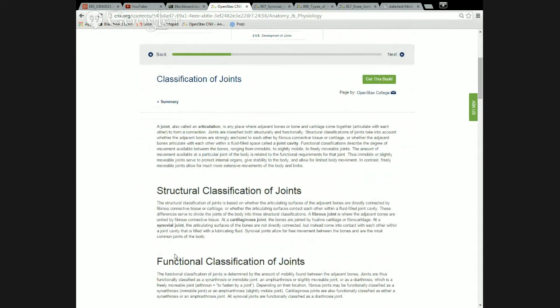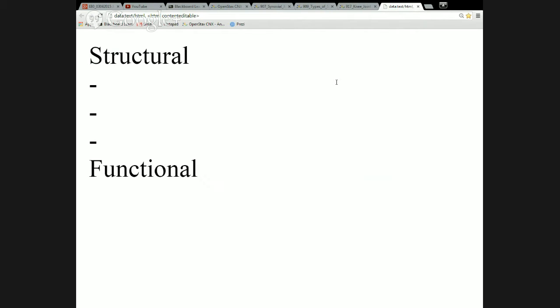But really, the functional classification system isn't going to be the one that we tend to keep with, or the one that we use. So again, there's structural, and there are three types of that. And there's functional, and there are three classifications for that.